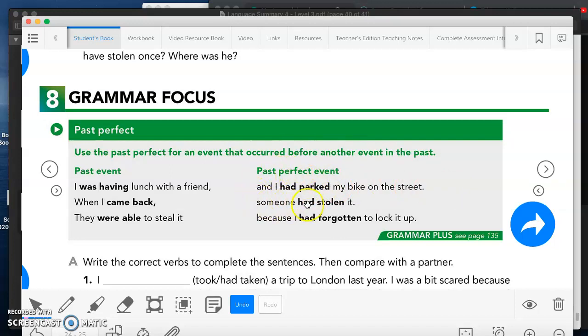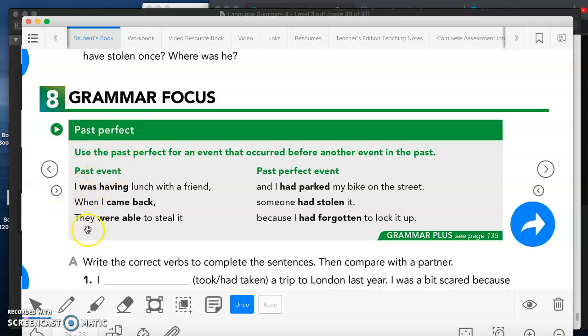That means that the first thing that I did was park my bike on the street, and then I was having lunch with my friend. We have this other example: when I came back, someone had stolen it. This means that first someone stole the bike and then I came back. So I didn't see who stole my bike, because they stole it and then I arrived.